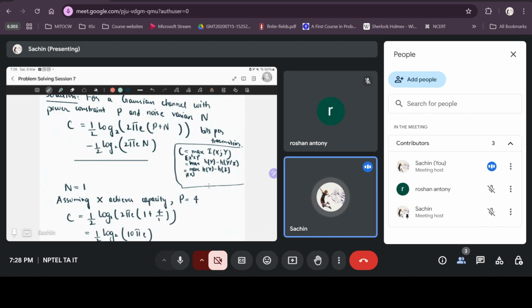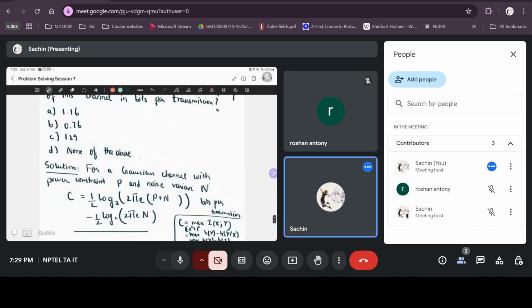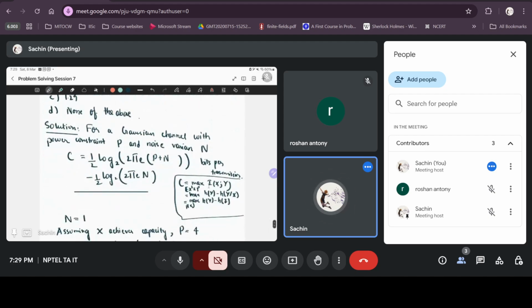Now to maximize h of Y, the distribution that maximizes that is a Gaussian distribution which has variance P. In that case, Y is the sum of two Gaussian distributions. One of them has variance N, mean 0, and the other has variance P and mean 0.